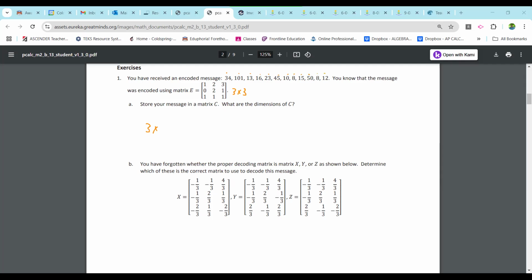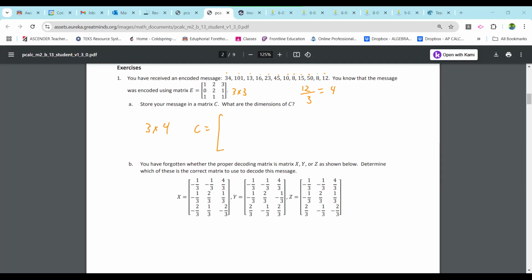So I have 12 numbers, and I'm going to divide that by the 3, which is what I got here for my rows. And what do I get? So that tells me I need a 3 by 4 matrix. Now that does answer the question. I do want to go a step further, and let's determine what the matrix C would be.